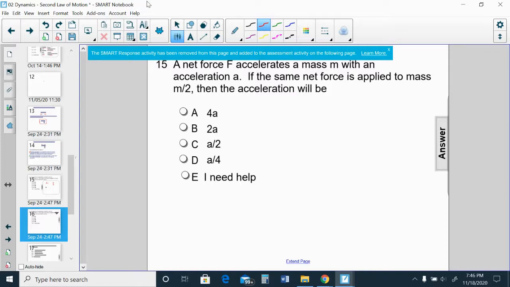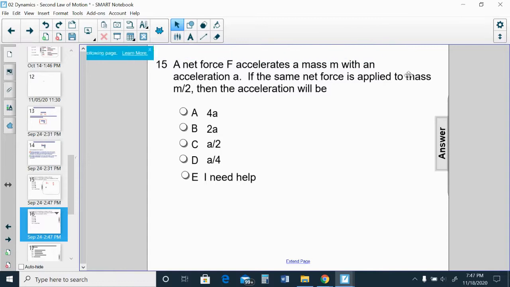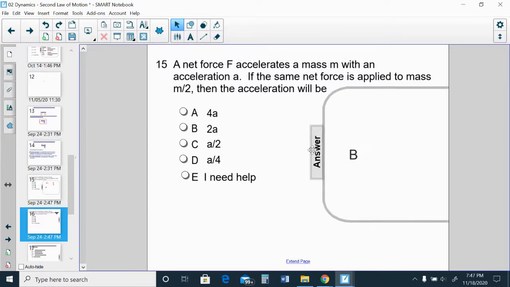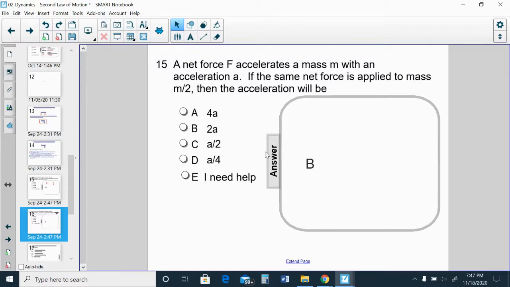A net force F accelerates a mass m with an acceleration a. If the same net force is applied to mass m over 2, then the acceleration will be... Here we have the opposite.